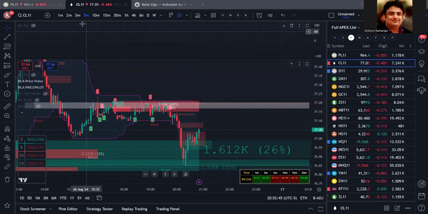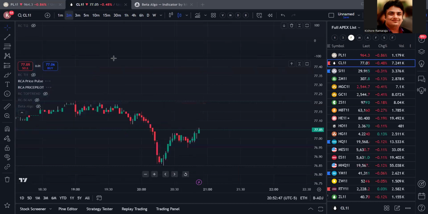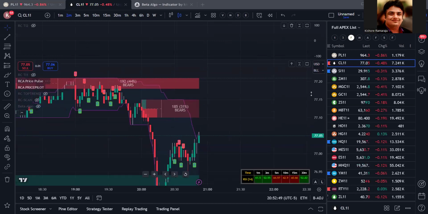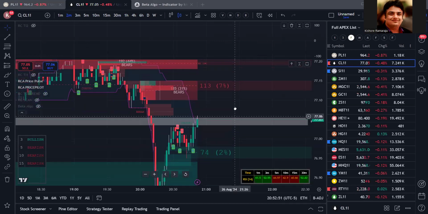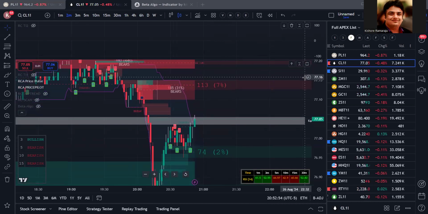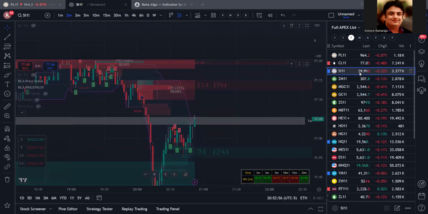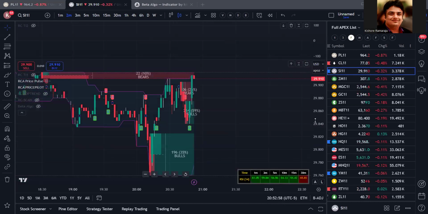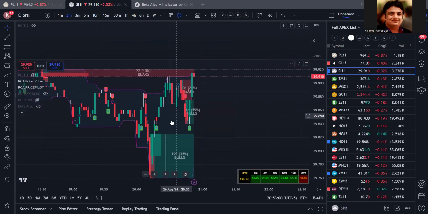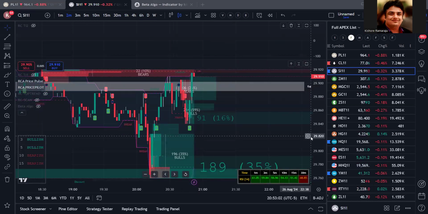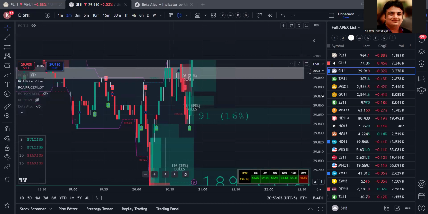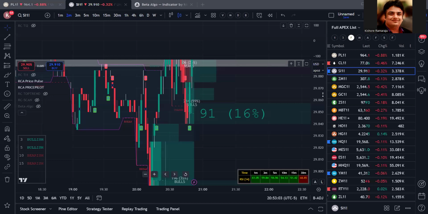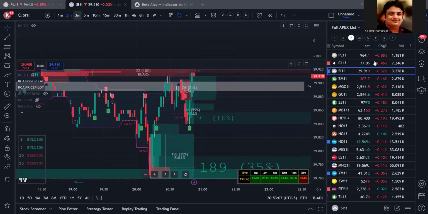And in the evening times, you can also use 2 minutes or 3 minutes. So you can go for 5 minutes to 10 minutes.